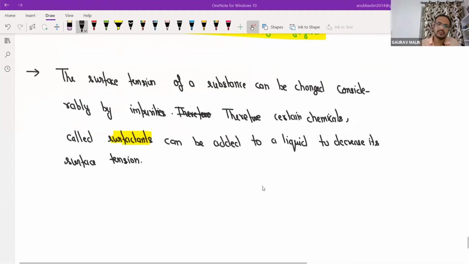Yesterday I gave you two examples. First example I told you, washing of the clothes, and second, adding kerosene in water. Surfactants.